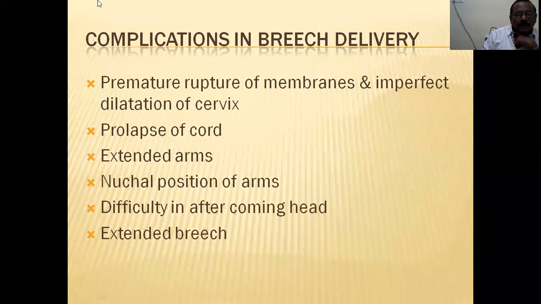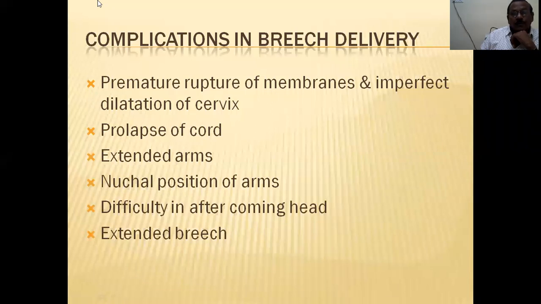In complete breech presentation, the chances of cord prolapse are more, and extended arms and nuchal position of the arms, difficulty in aftercoming head, and extended breech. These are the complications of breech delivery.